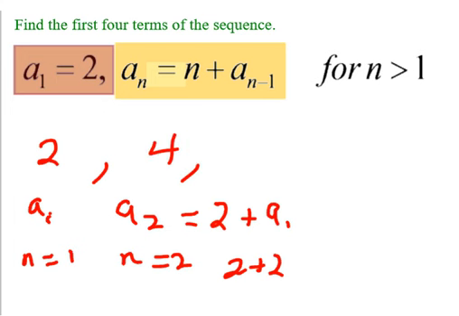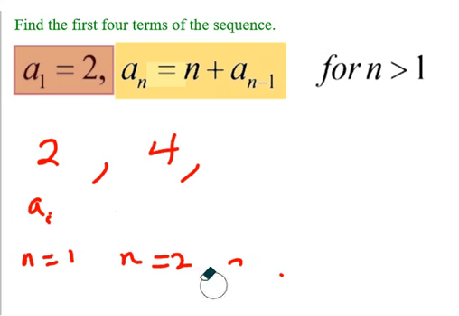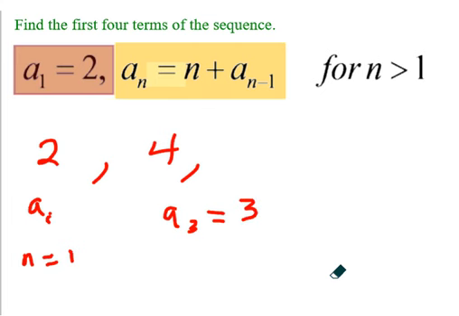So let's follow the pattern again. When I want a3, I'm going to take n, which is 3, and add it to a2. Well, there's my a2. So I'm going to do 3 plus 4, and I get 7.